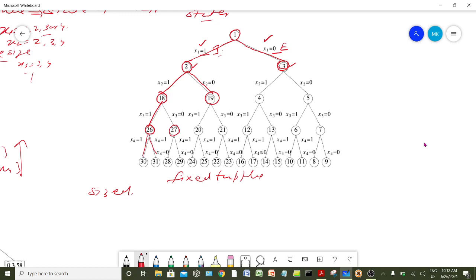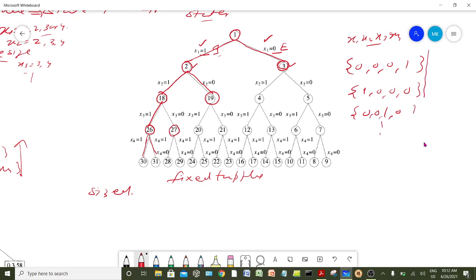Fine. So at the end, what exactly we are going to attain is a solution which will contain 4 values. Let it be x1, x2, x3 and x4. So your solution may be 0, 0, 0 and 1, or 1, 0, 0 and 0, or 0, 0, 1, 0 and so on.